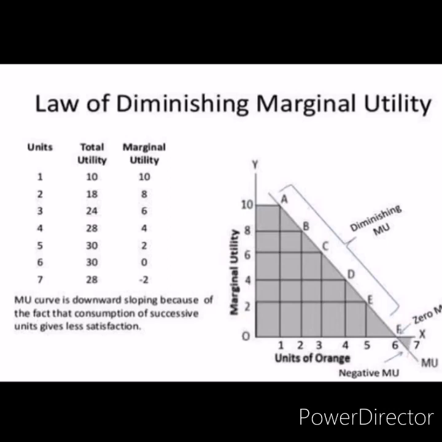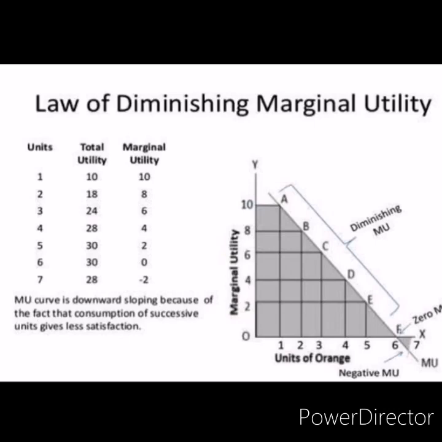And then our marginal utility is 10, 8, 6, 4, 2, 0, minus 2. So marginal utility first decreases but remains positive, then it becomes 0, and the point at which the marginal utility is 0 is known as the point of saturation, and after that point the marginal utility becomes negative.